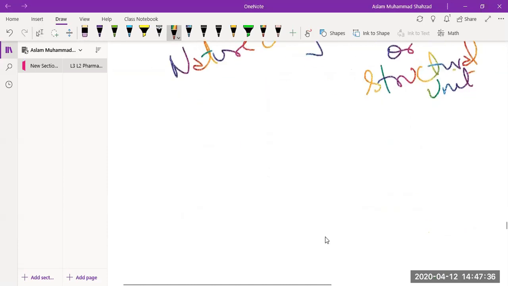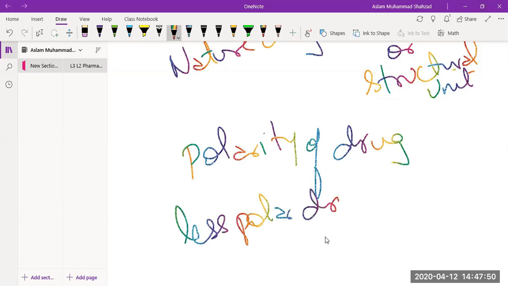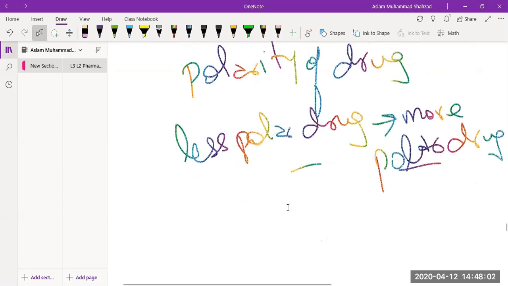I know you are not familiar with the chemistry, but in simple terms, it depends upon the polarity of the drug, from less polar drugs to more polar drugs. So you don't need to go into chemistry. It's just additional information that I'm sharing with you.